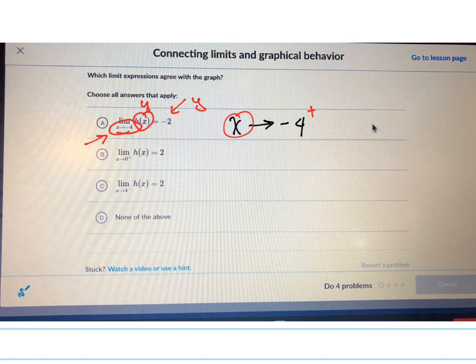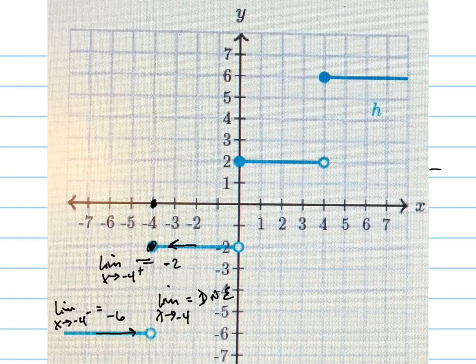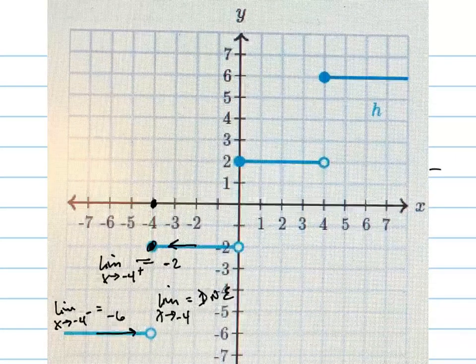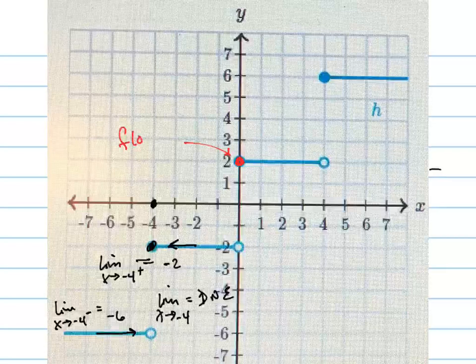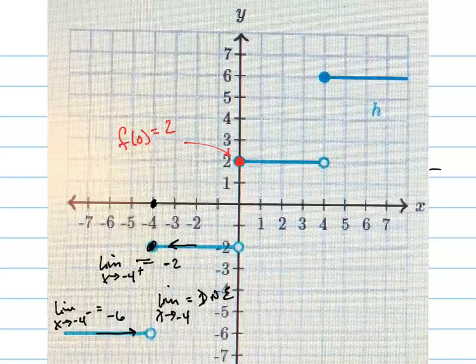This next one is talking about the limit as x goes to 0. So what's the limit as x goes to 0 from the right? Jump on your graph. Where's 0 on your graph? The value f of 0 is right there. f of 0 is 2, right? The function value.